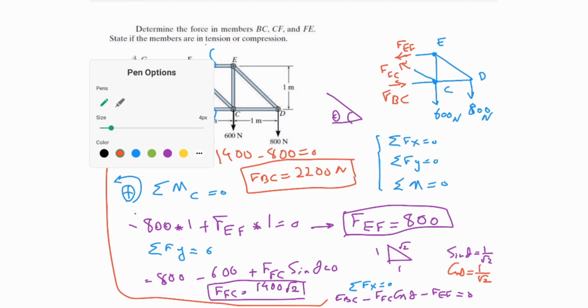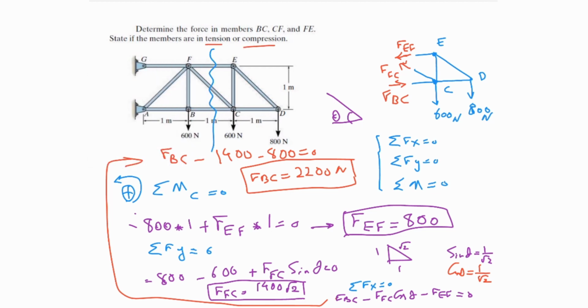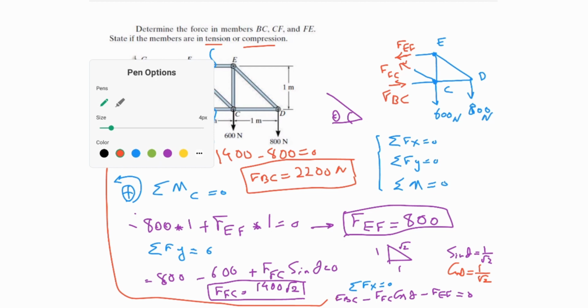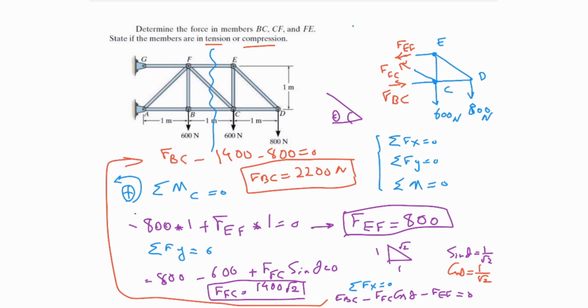The other thing is that they are asking you whether these links are in tension or compression, and that's the question over here. And the thing is that you need to consider the free body diagram of the links. Let's get back to the links and put them here. I have F and E. What is this force? This force is the force that link FE is applying on the pin E. Because of Newton's second law, we know that the reaction of this would be applied on the link.